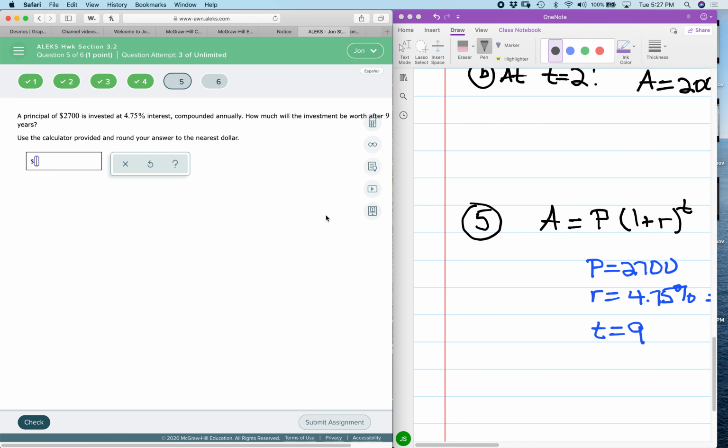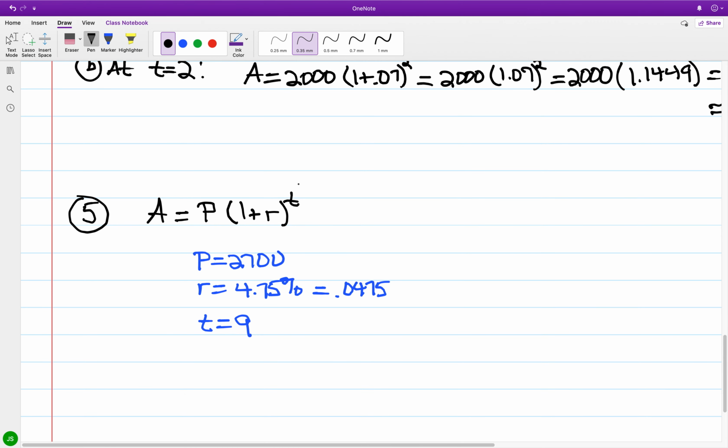Okay, for number 5, a principal of $2,700 is invested at 4.75% interest compounded annually. And the question posed is, how much would the investment be worth after 9 years? We still have the same formula that was used in number 4, so we're still looking at annual compounding.